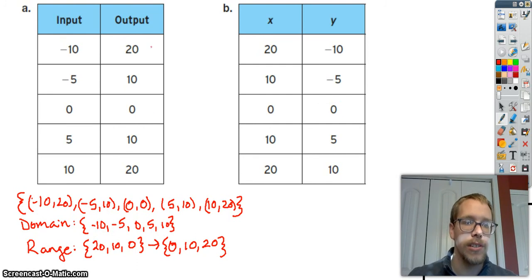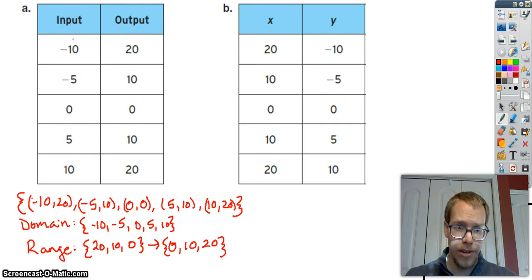Now here's the question, is this a function or not? Well, let's take a look. Is each value in the domain associated with one and only one value in the range? Negative 10 is associated with 20. That's fine. One value associated with one other value. Negative 5 and 10, okay. 0 and 0 associated there. 5 and 10, and then 10 and 20.